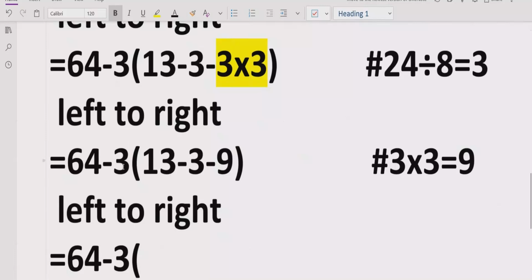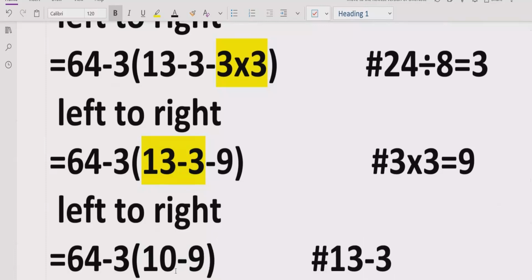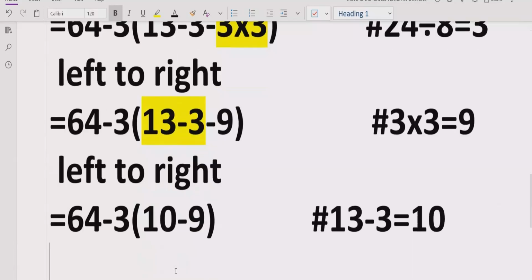We can, but here we have to solve the bracket, and after that we will multiply with 3. So we will write 13 minus 3, which is equal to 10 minus 9. And here we have to give the reference: 13 minus 3 equals 10.